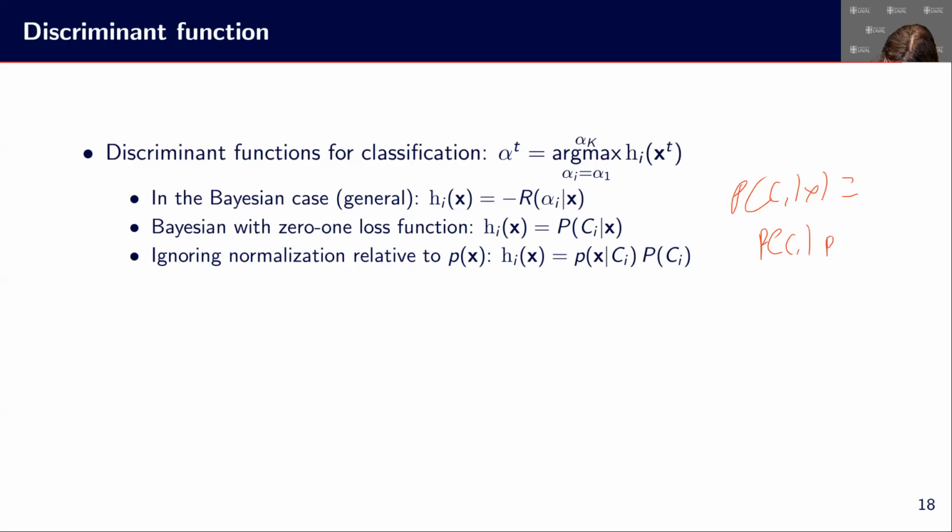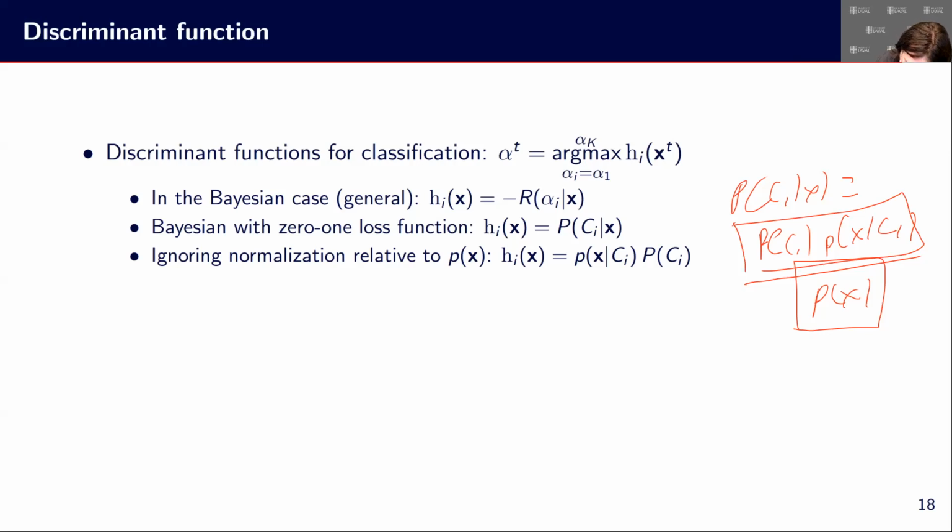So P(x | C_i), so we have the prior times the likelihood divided by the evidence. But given that this evidence here is the same for all classes, it doesn't change, we can just ignore it. And we just have to pick the top of the Bayes rule.